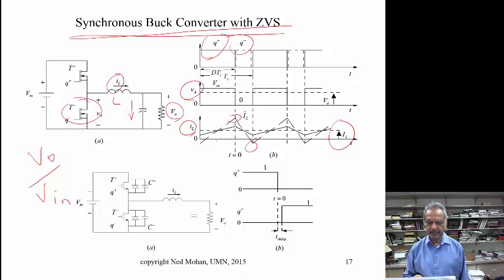And we have to make sure that there is a delay time here between the turning off of the upper transistor and turning on of the lower transistor here. So that is shown by these two plots over here, and we will apply this to the circuit that is shown over here.